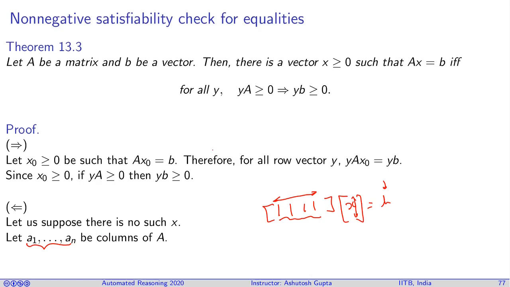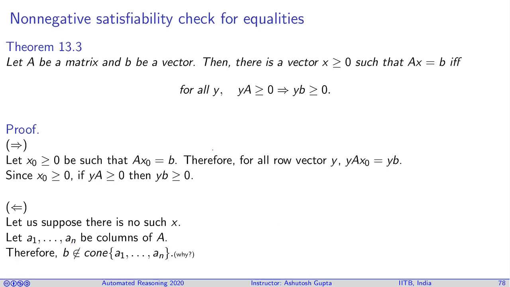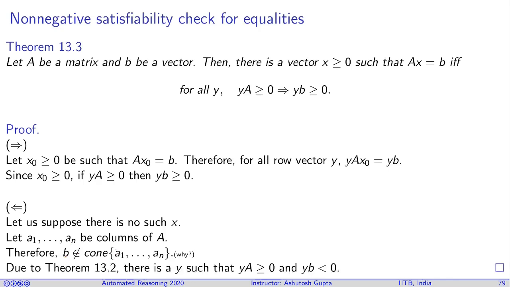Using that theorem 1, we can say that since b is not in this cone, as we have seen that there's no such x, then we can use this theorem, and there is a y such that yA greater than or equal to 0 and yb is less than 0.